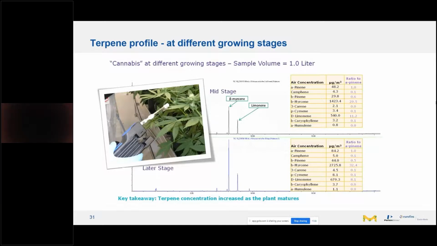I think Jamie did a really good job of ratioing these results to alpha pinene. So we could look at this column and readily see what is increasing or decreasing during the growing process.